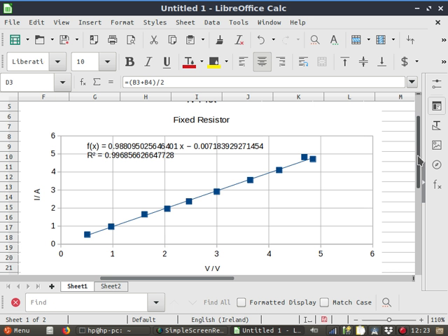What is title? You can just call it IV plot or IV characteristic curve. IV plot is fine. Plot, P-L-O-T. IV plot.